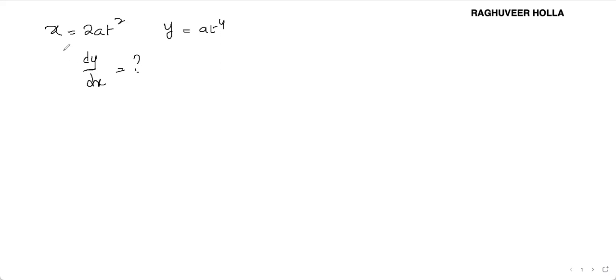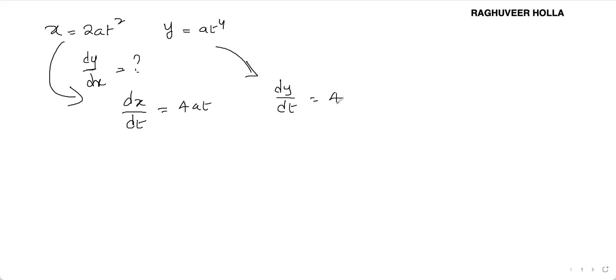So let us take this. This will be dx by dt, differentiating with respect to t on both sides. So this will be 2at, and dy by dt, differentiating with respect to t, will be 4at cube.